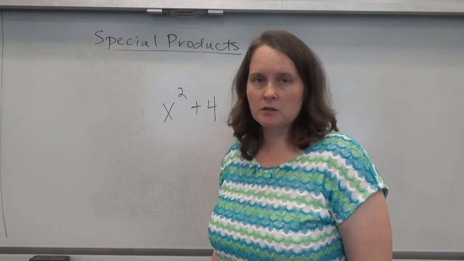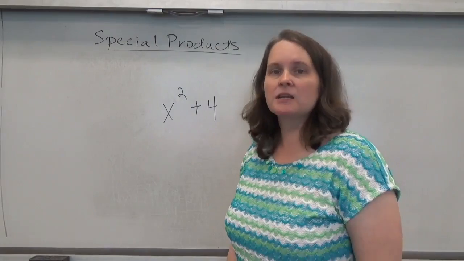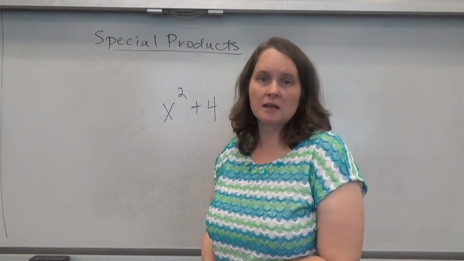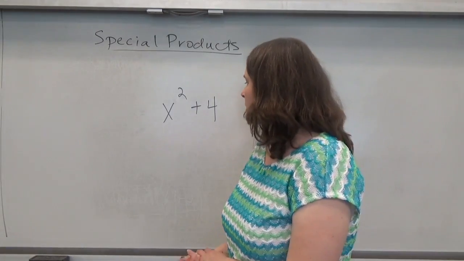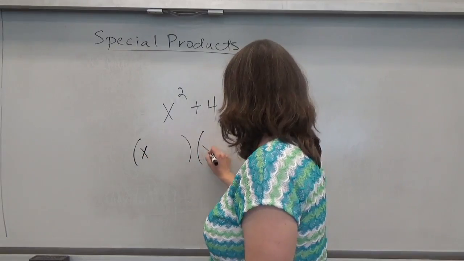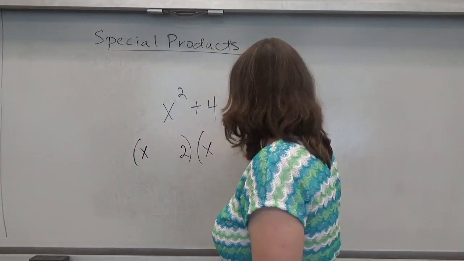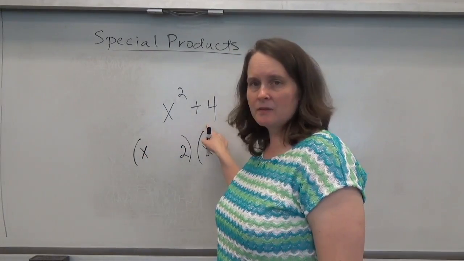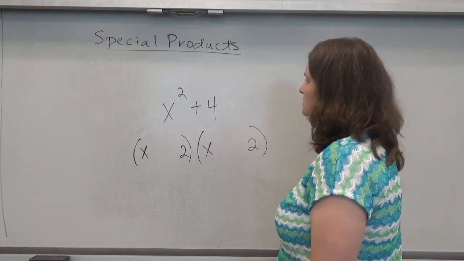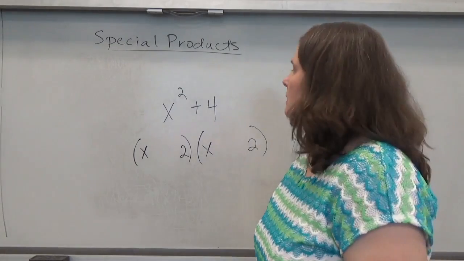This does not factor. You could play with it and try to get it to factor as much as you want, and I might let you do that in class as practice. But if you try to put in numbers that, if you were to FOIL it back out, would give you this, you'll find that you can't do it. So the sum of squares is prime.